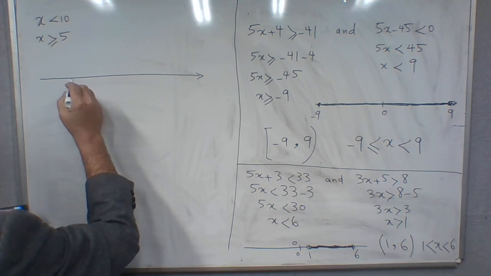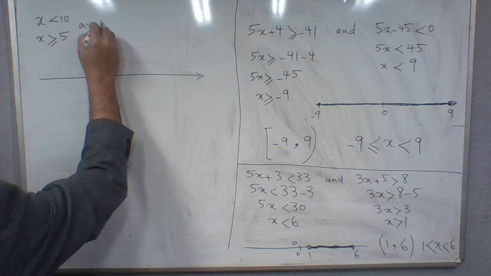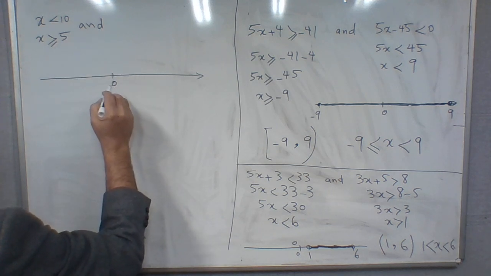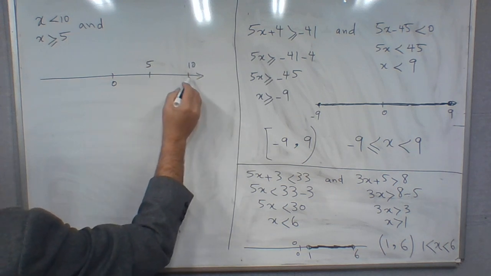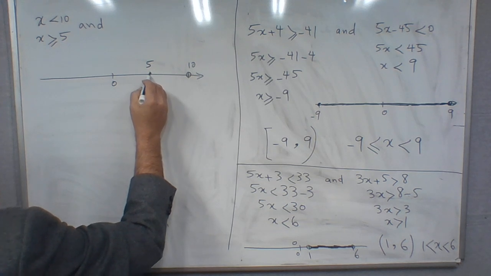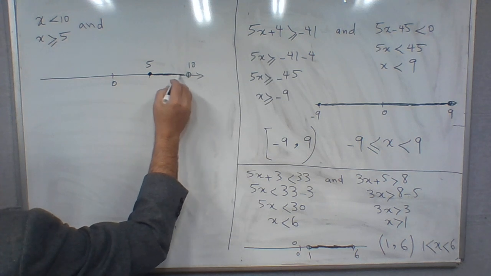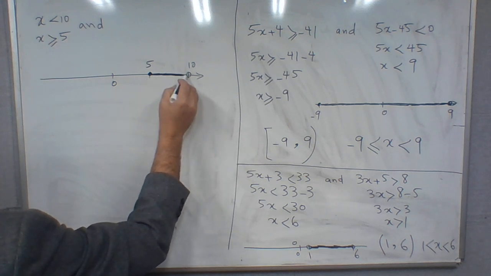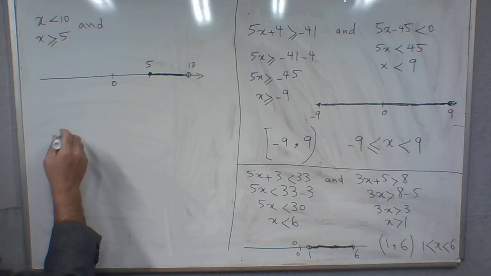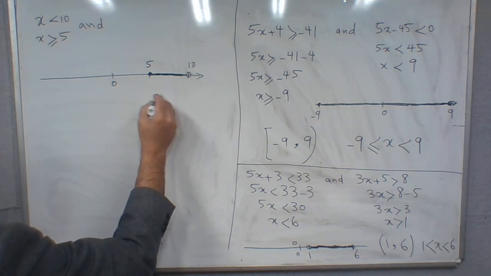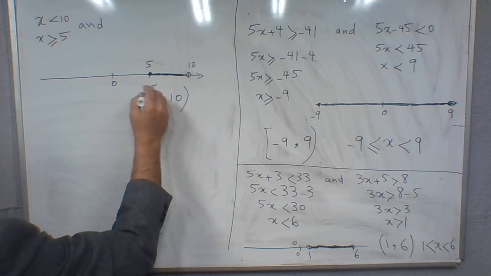So if this is 10 and this is 5, so less than 10 all here and greater than or equal to 5, so a full point at 5. So this is the graph. Write it in interval notation. So whatever is between 5 and 10. So 5 and 10, bracket here, parenthesis here.